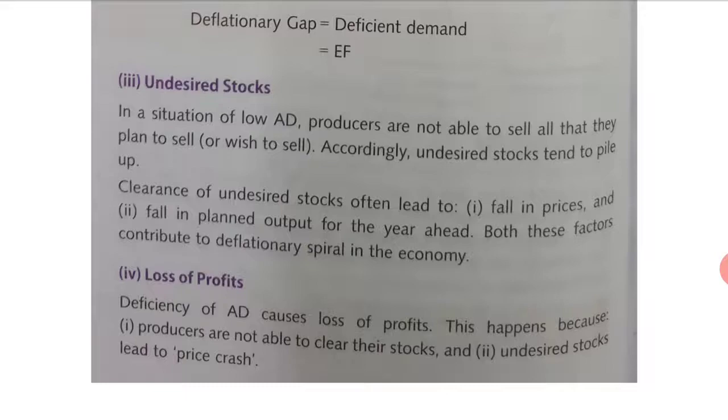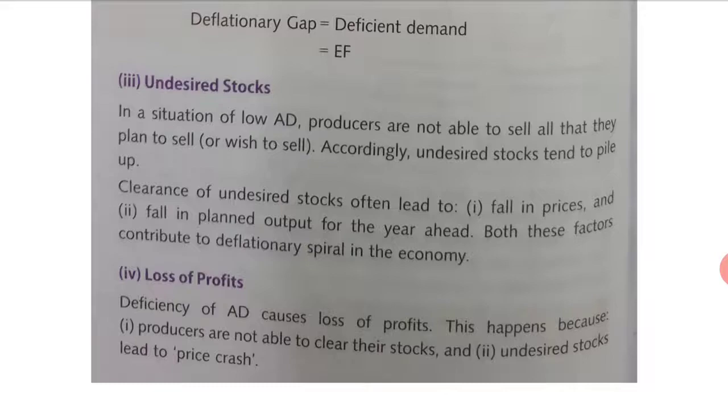Once output reduces, you know very well what problems the economy will face. If output reduces, income reduces. If income reduces, again demand reduces. So like the deflationary spiral, it will happen. So here also they said the same. Both these factors contribute to the deflationary spiral.